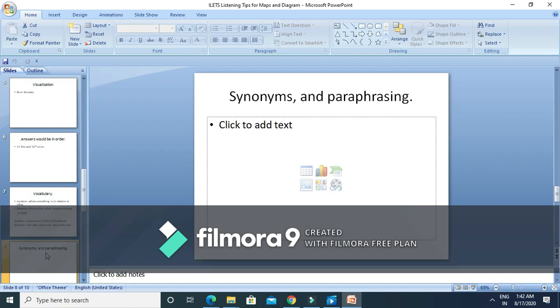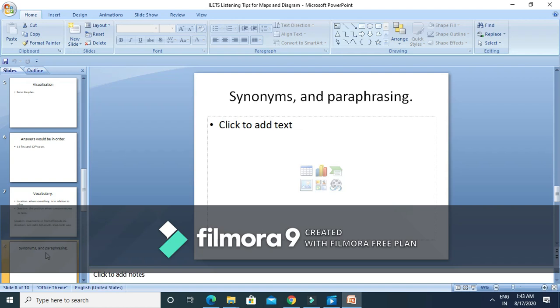You'll try to listen for the word Almira, but here the examiner will trick you by paraphrasing it. Instead of Almira, he'll use a place where you keep your wardrobe. That's a paraphrase, or a synonym can be used.